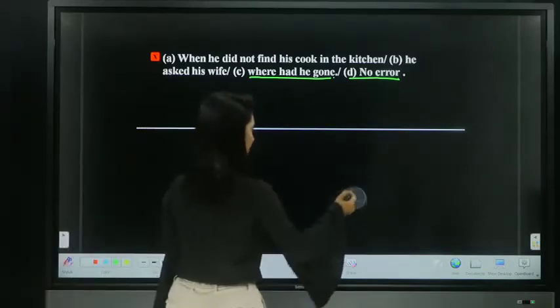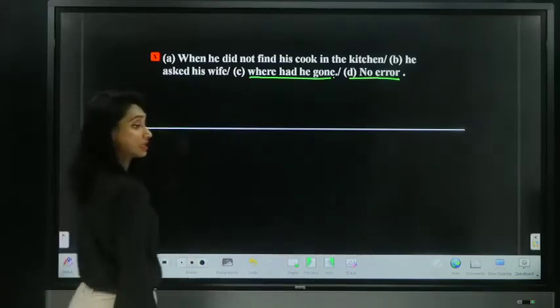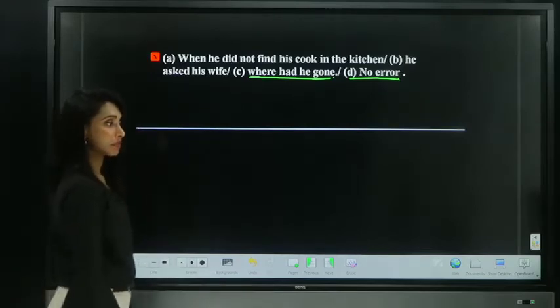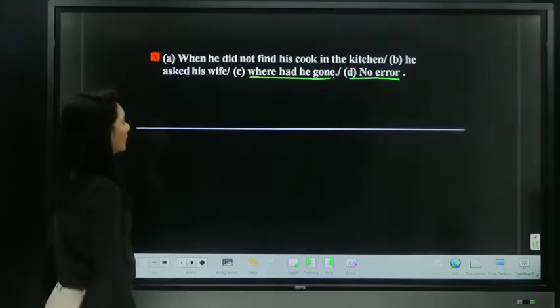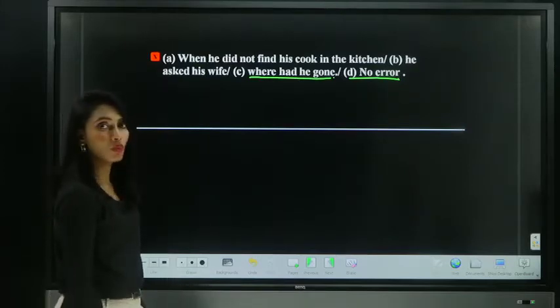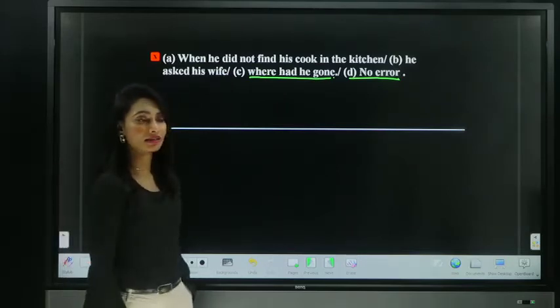Justify your answer with an explanation. Why is it option C? What is the reason? When he did not find his cook in the kitchen, he asked his wife where had he gone. So why? What's your explanation?